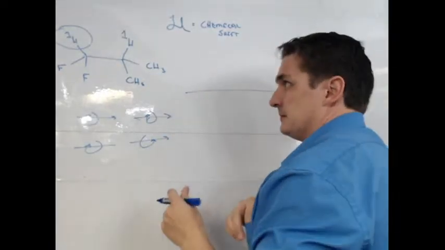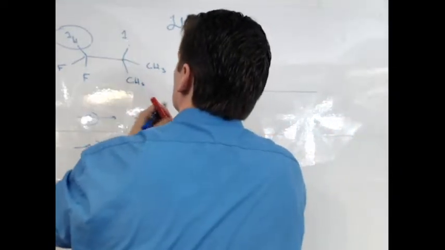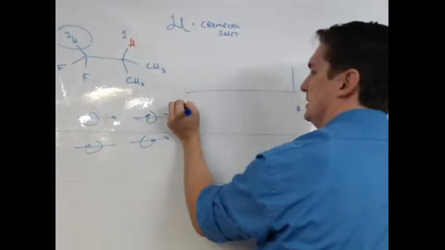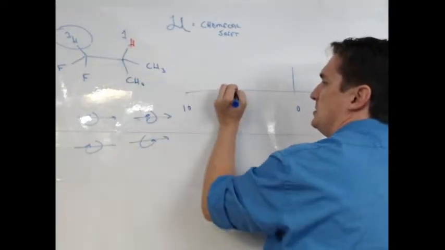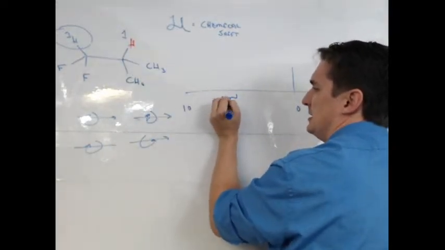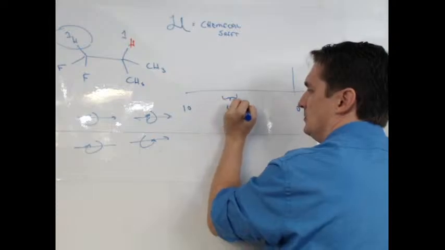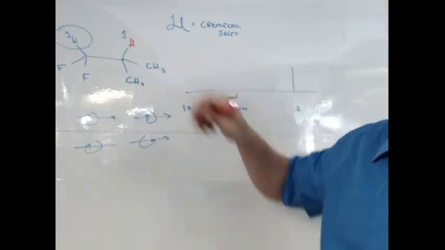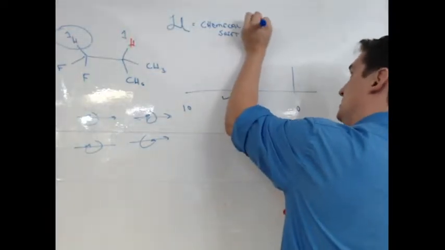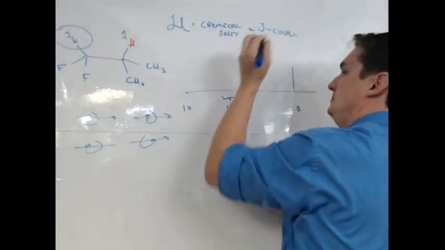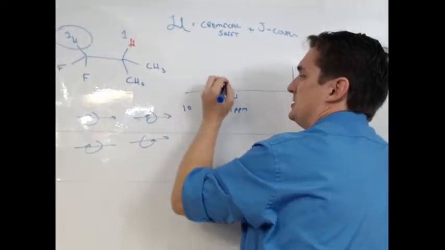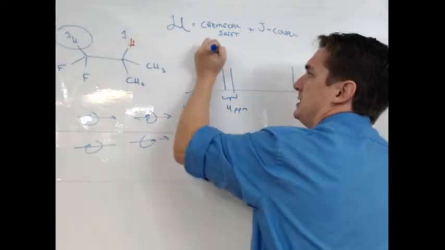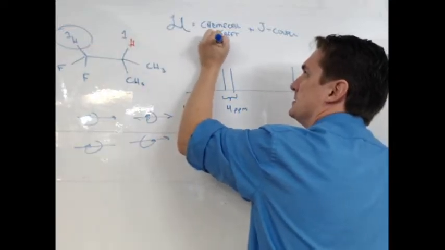I'm going to draw this as a red hydrogen. So with hydrogen, we have 0 to 10 ppm. So the blue hydrogen here is going to be around something like 4 parts per million. So the next thing for nuclei is going to be the J coupling. So in this case, we have a scenario where this hydrogen have different spins.